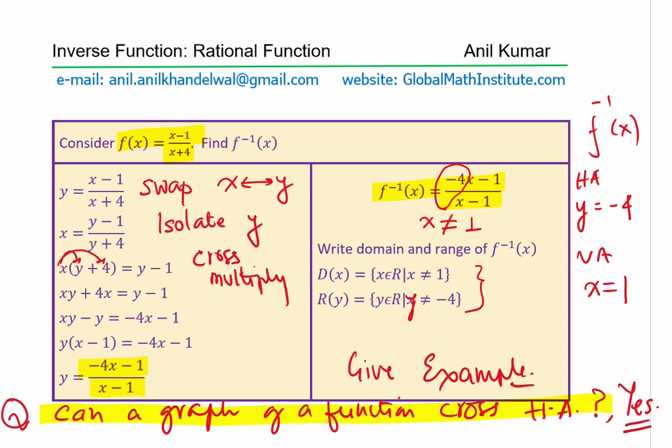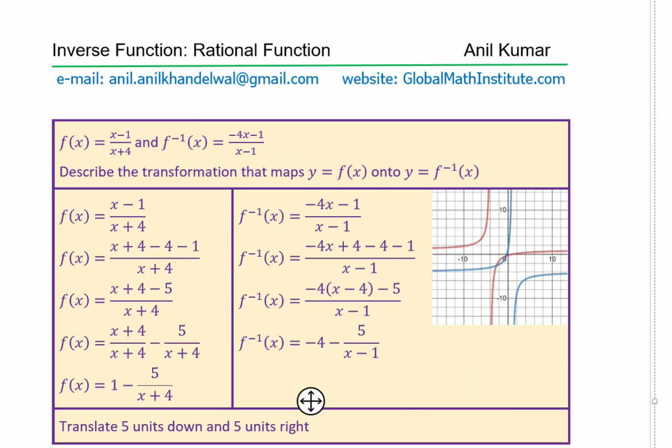Now, let's move forward and look into the transformation part. Now we are going to discuss the most important issue for which I have made this video, which is to understand how we describe the transformation that maps y equals f of x onto y equals f inverse of x. That is, we are now mapping the transformation between these two functions. How do we do that? Right?